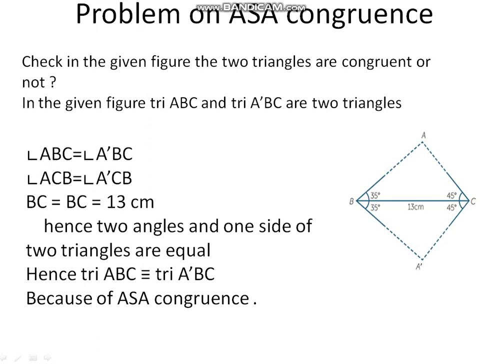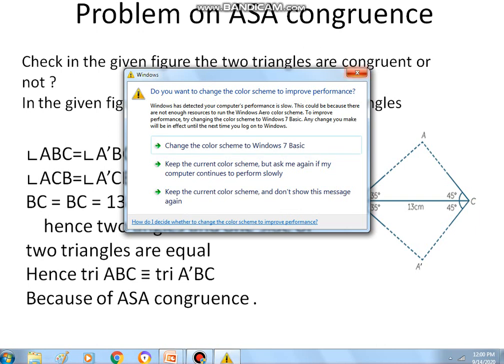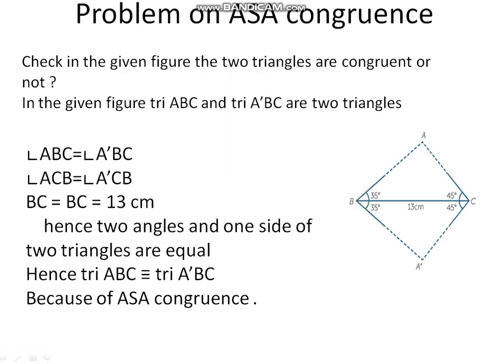Here the two angles: angle ABC is equal to angle A'BC, that is equal to 35 degrees. The other angle, angle ACB is equal to angle A'CB, that is 45 degrees. The side BC is common to both triangles, that is BC equals 13 centimeters.